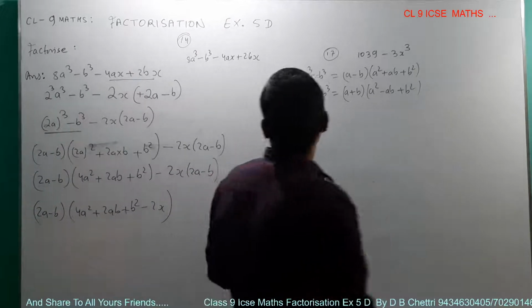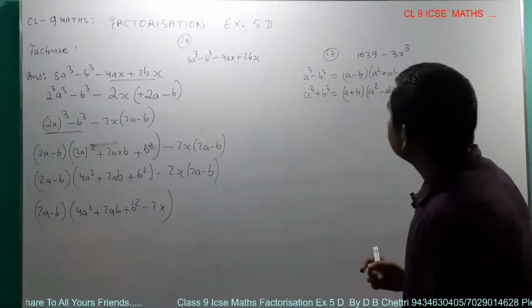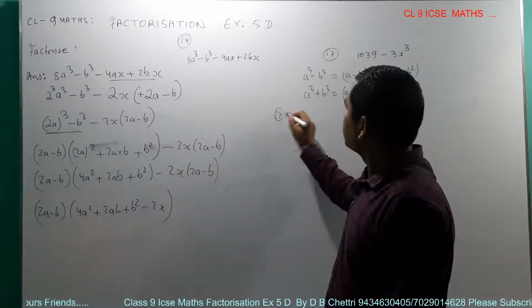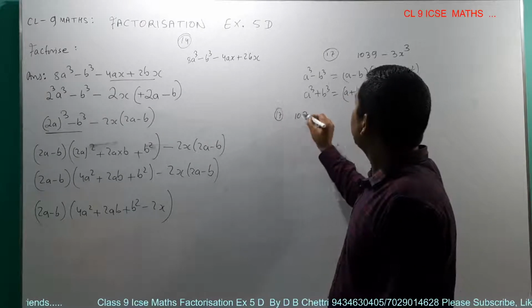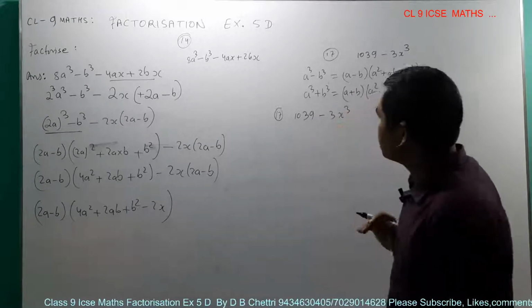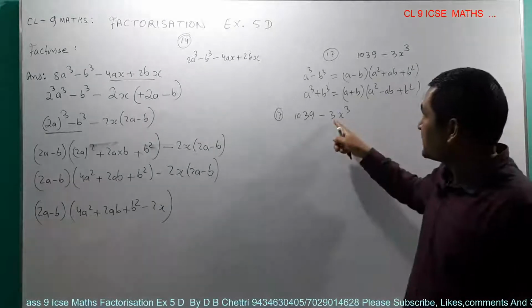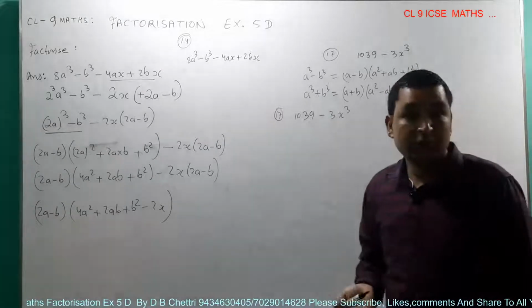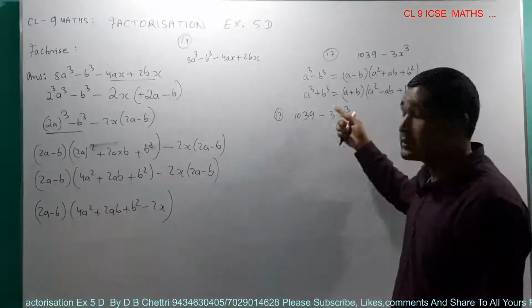Question number 17. Okay, let me write here: 1029 minus 3x³. Now see the question first. 3 is not a cube of any number.